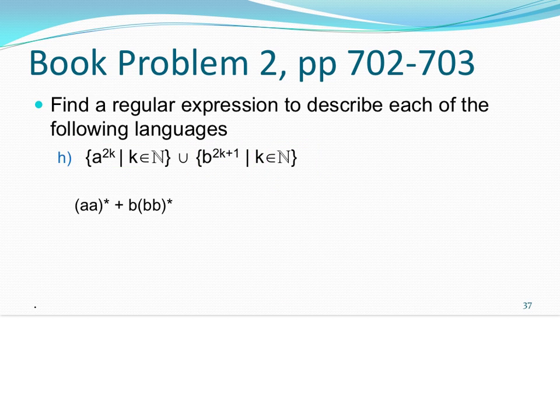Strings with an even number of A's, well, it is 0 or more copies of two A's together. Strings with an odd number of B's, well, you start with one B no matter what, and then you add as many more pairs from 0 up to as big as you like of double B's, and you end up with an odd number of B's. And of course we've got the plus sign in here because we're taking the union.